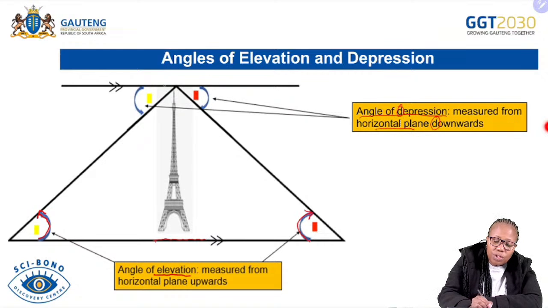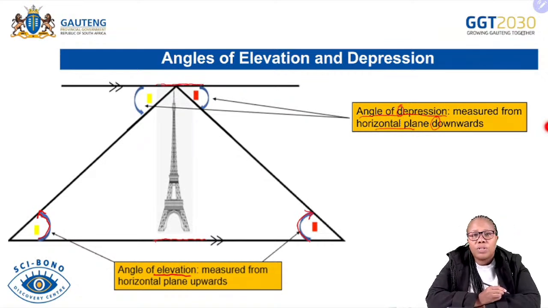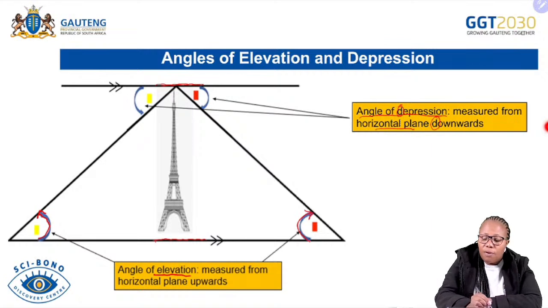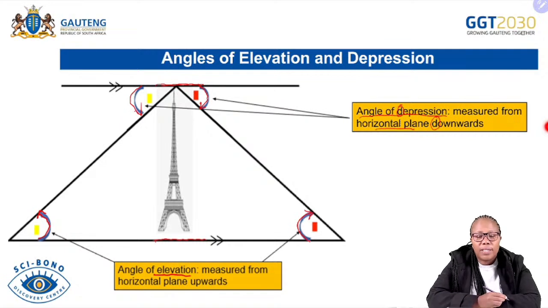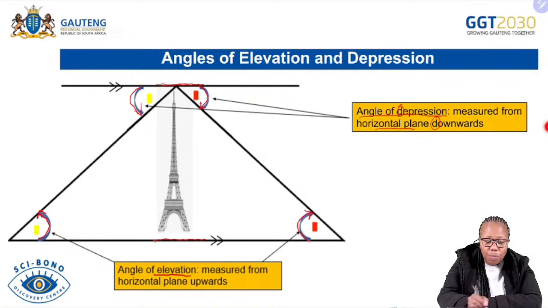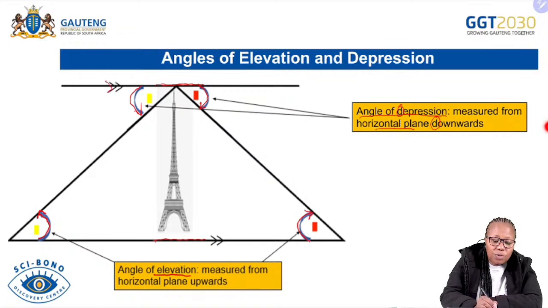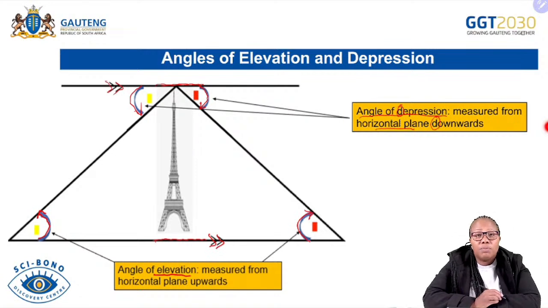So this will be the line that we are referring to as the horizontal plane, and the angle of depression will be measured from that line downwards. Can you see that, grade 12? From that line downwards. And if you look at this now, the horizontal plane, the top one, is always parallel to the one that is below there. So we have parallel lines in between there.